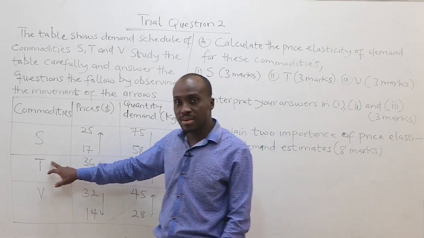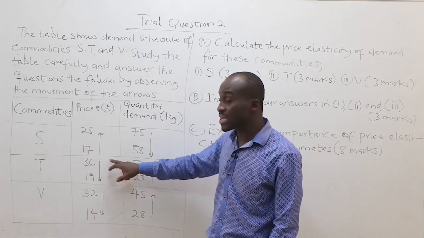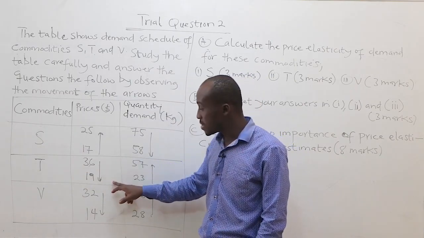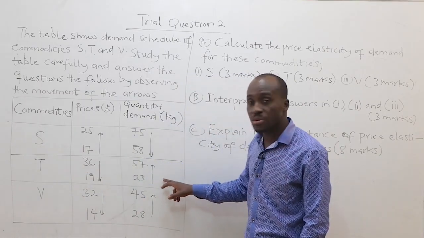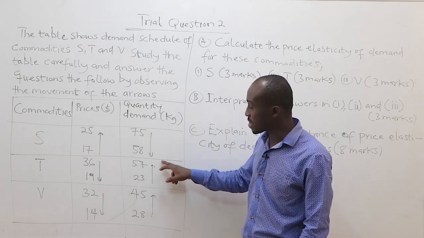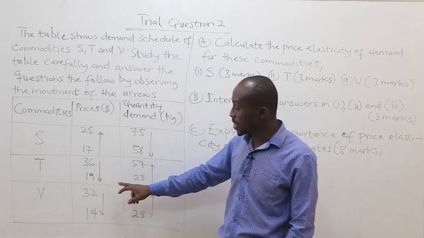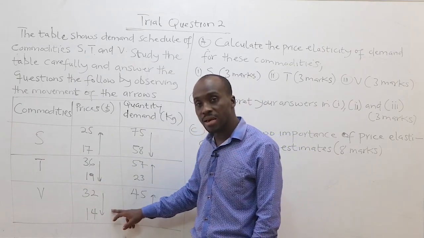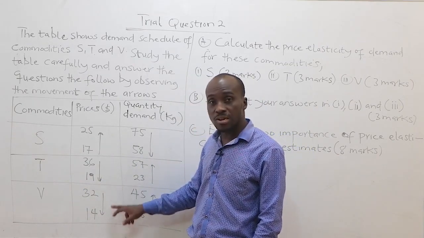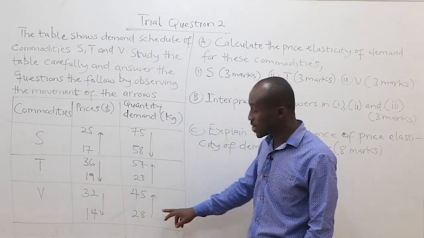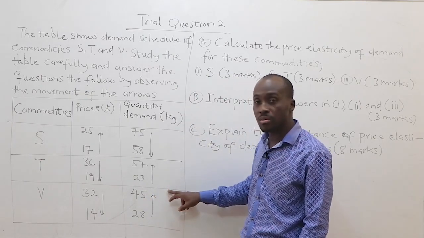At T, what is happening at T? The price decreased from $36 to $19, and the quantity demanded increased from 23 kilograms to 57 kilograms. At V, what is happening? The price decreased from $32 to $14, $32 to $14. The quantity demanded increased from 28 kilograms to 45 kilograms.